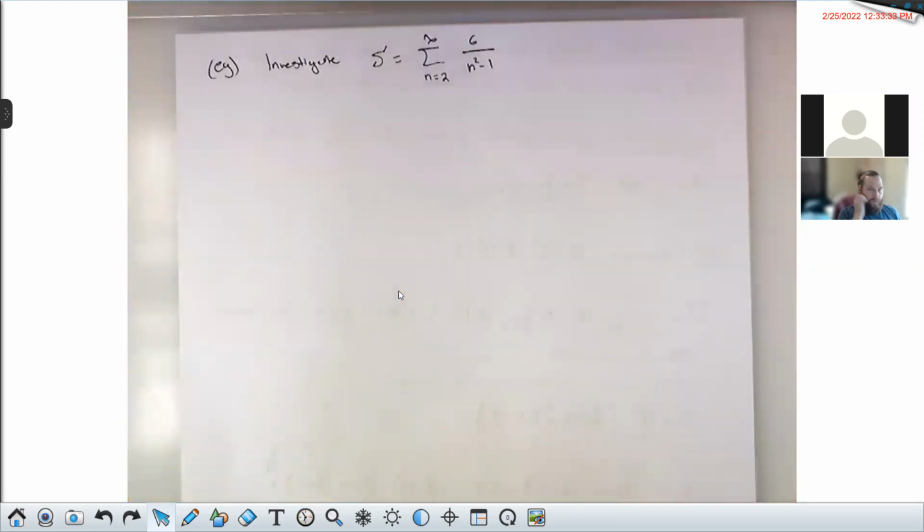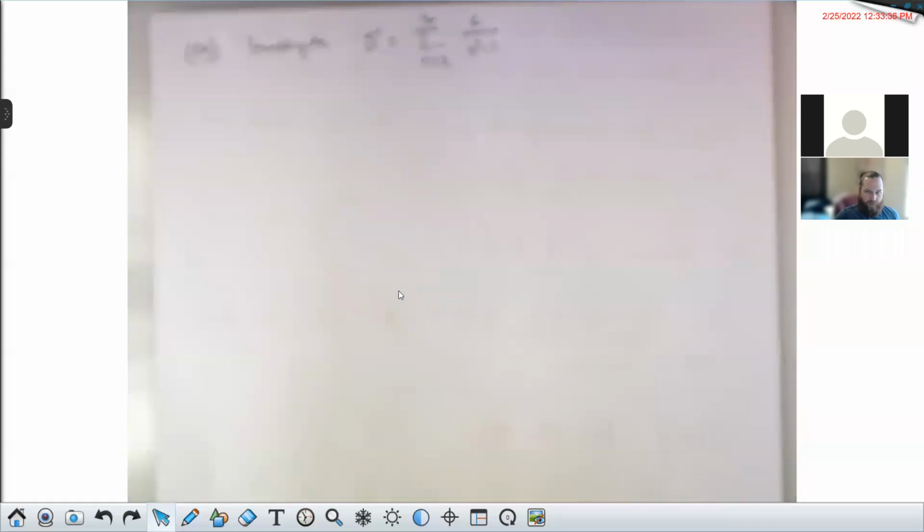If the thing inside your series looks like something you could do partial fractions on. So here's 6 over n squared minus 1. That's ripe for some partial fractions. And after you do the PFD, you'll see that you can write out the partial sums and get a lot of cancellation.